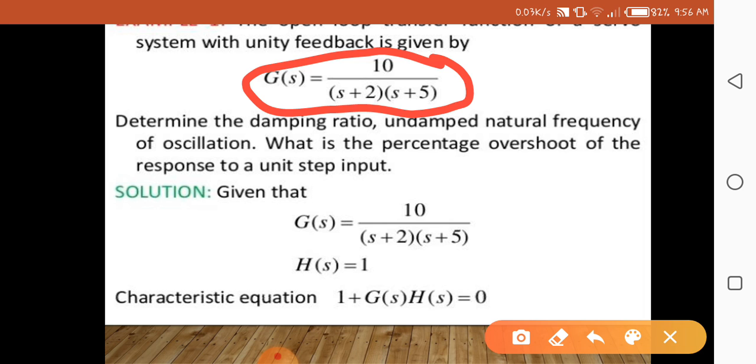Here H of s is not given, so we take H of s, the feedback, equal to 1. We know that the characteristic equation is 1 plus G of s H of s equal to 0. So put the values of G of s and H of s in this equation and solve.